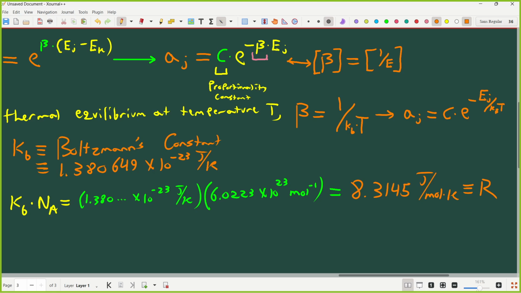So it's a relationship that converts between mechanical energy, chemical energy in joules, and temperature. It's how we interconvert temperature and energy, Boltzmann's constant or the gas constant. It gives you a sense of how much energy content there is in thermal temperature.